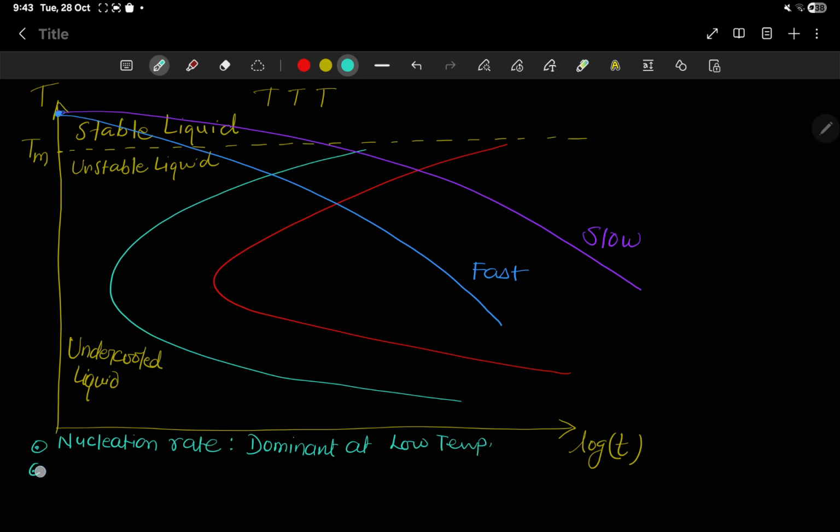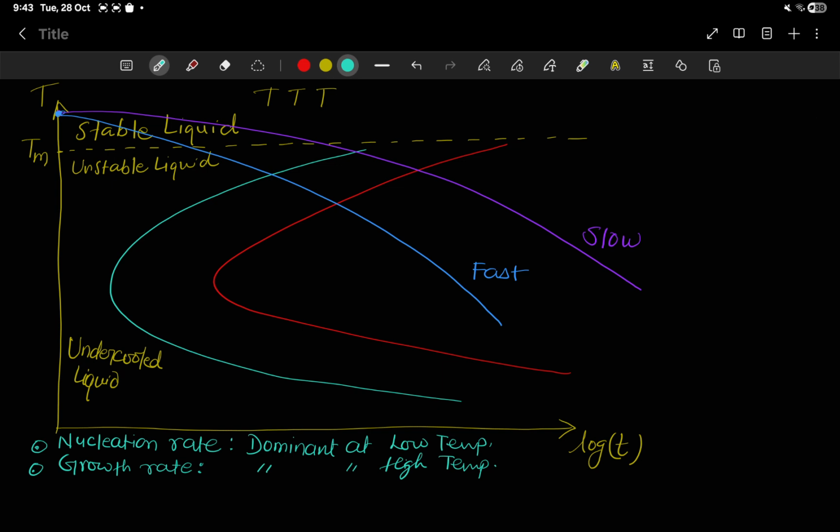Okay, and the next point is growth rate, and this is dominant at high temperature. So what is the meaning of this? Let's try to explore this.